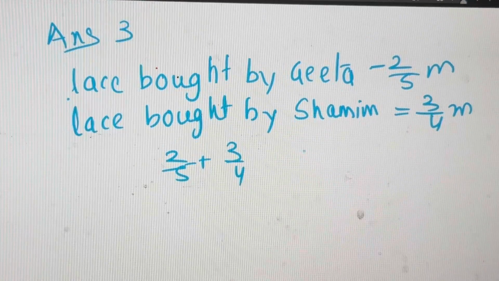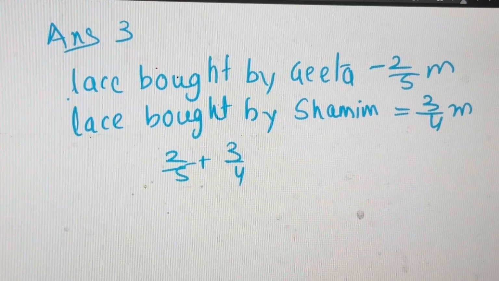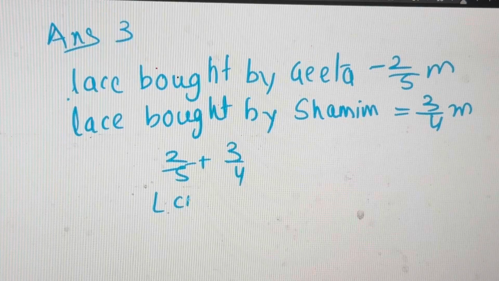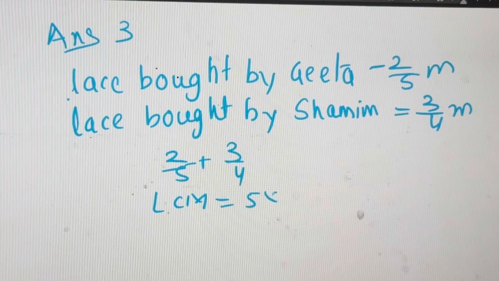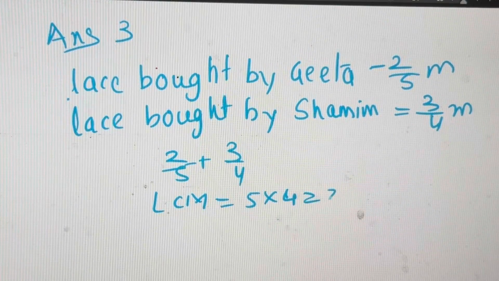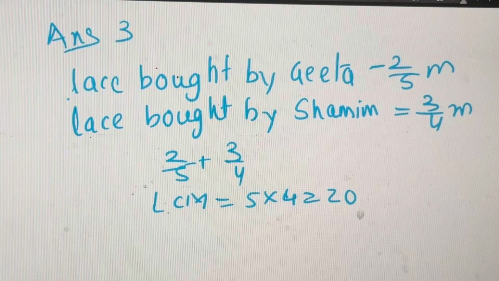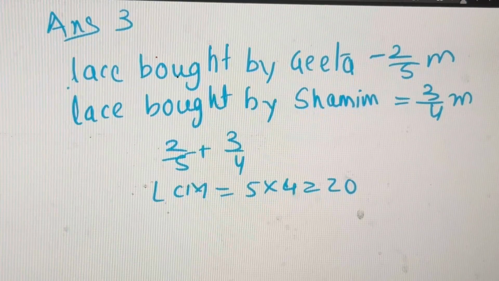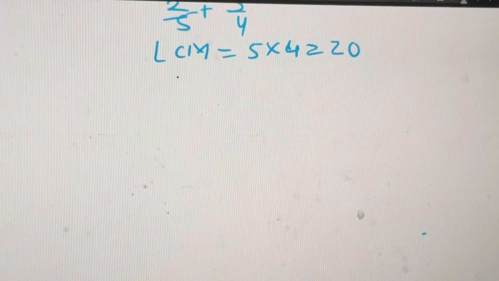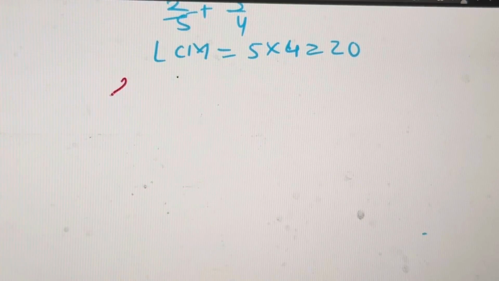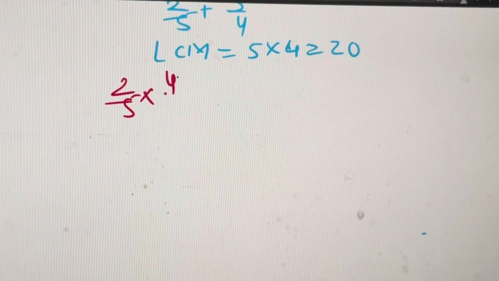Now you can see 2/5, here 5 and 4 both are co-prime, so LCM is 5 4s are 20. Okay, we take the first fraction, that is 2/5 multiplied by 4.